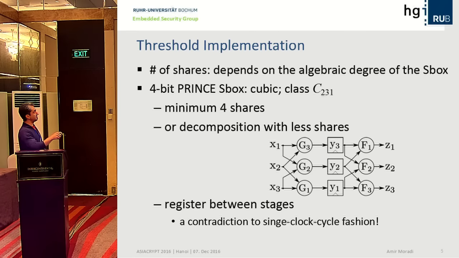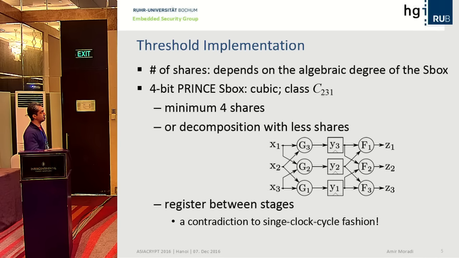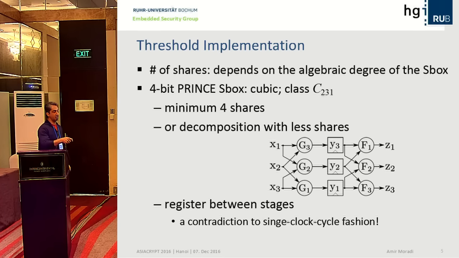The minimum number of shares, that is, the number of shares you need to implement the secret sharing scheme, depends on the algebraic degree of the S-boxes, the nonlinear functions that you have. For instance, in the case of PRINCE, or most of the ciphers that use 4-bit bijections, the S-box is a cubic function, with algebraic degree of 3, and for first order security, it directly maps to a minimum of 4 shares.